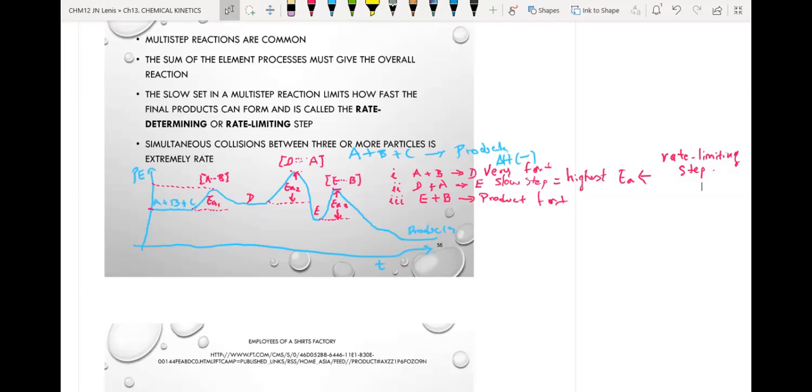Does it make sense? The overall reaction speed, or the kinetics of the overall reaction, will depend solely on the rate limiting step, which is the slowest step of the whole process, of the whole mechanism, which is the one that has the highest activation energy.